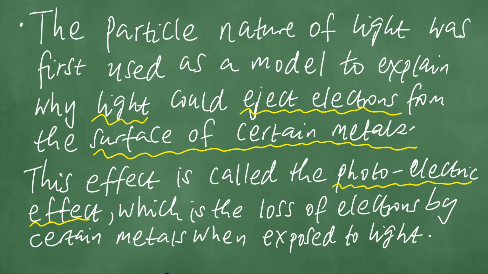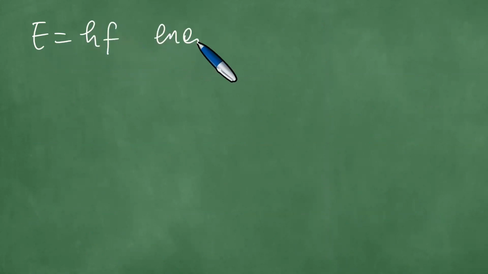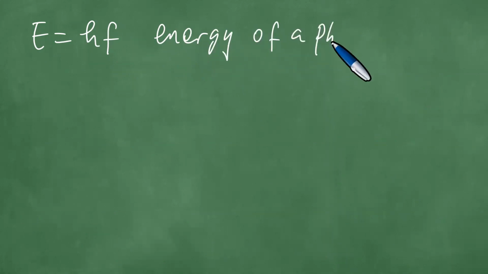I want us to discuss this and look at some examples. We know that E equals HF, which refers to the energy of a photon.